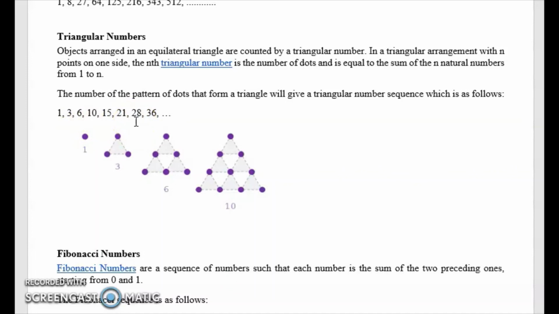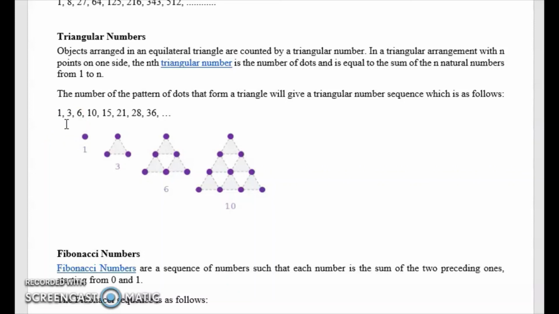Magsisimula ulit tayo sa 1. Makikita nyo yung in between the numbers. Yung difference nila is counting numbers. So 3 minus 1 is 2. 6 minus 3 is 3. 10 minus 6 is 4. So pataas ng pataas: 2, 3, 4, 5, 6, 7, 8.